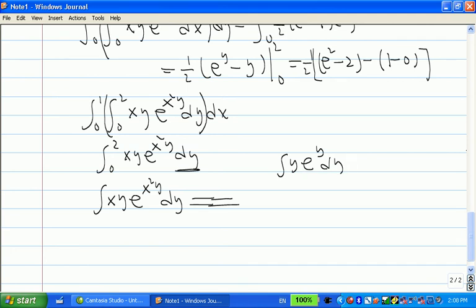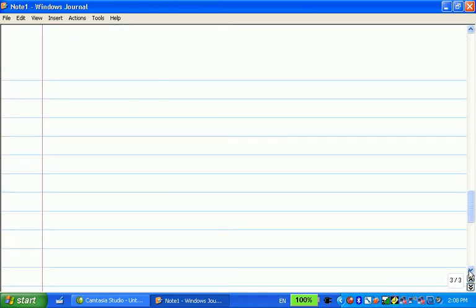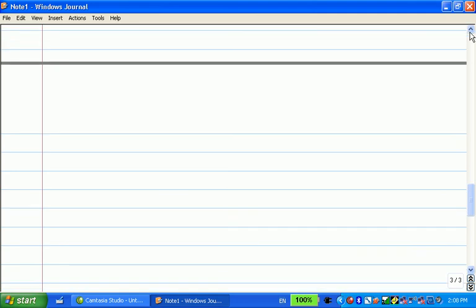Remember, for this kind of integral, we use integration by parts, right? Let me simplify this a little bit. x is a constant, you can pull that out. We integrate about y. Whenever you see x, treat it as a constant. That will simplify the problem a little bit. That's the integral we want to integrate.